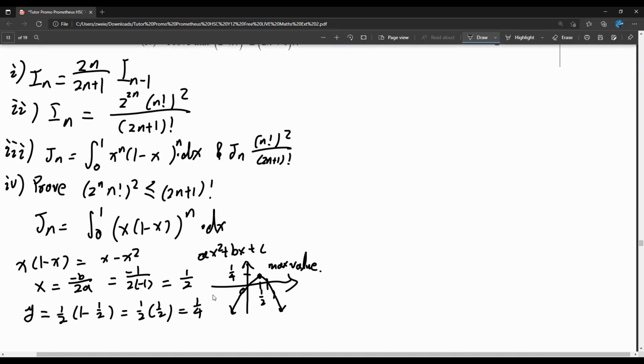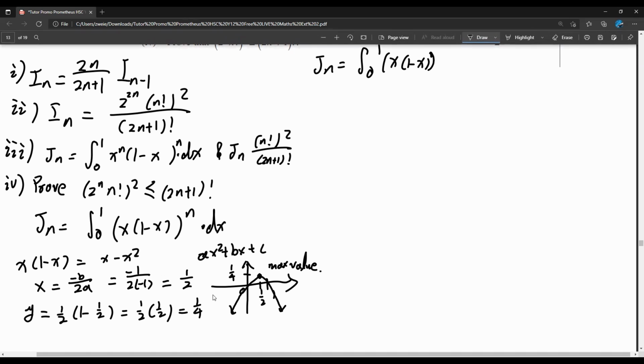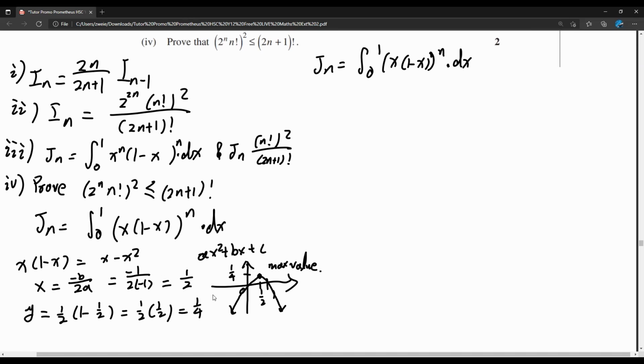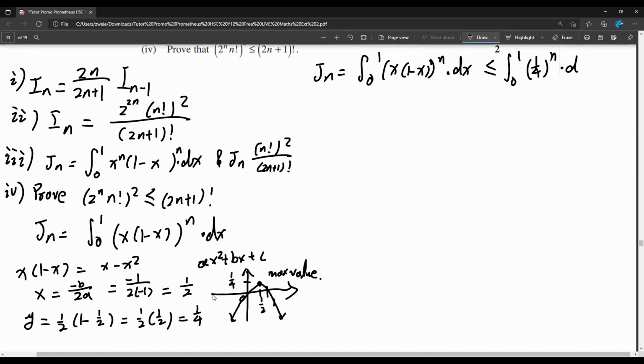Okay, this is telling me that my Jn is equal to the integral from 0 to 1 of x(1 minus x) to the power of n times dx, and it will always be less than or equal to the integral from 0 to 1 of my 1 on 4 to the power of n, okay? Because 1 on 4 is the largest y value that it will get, times dx.